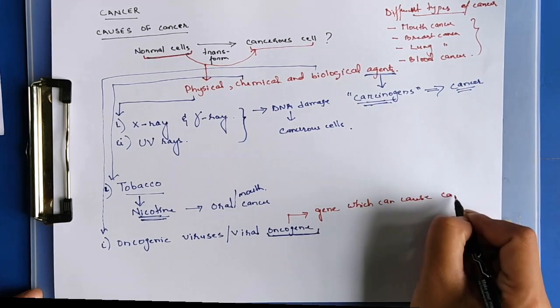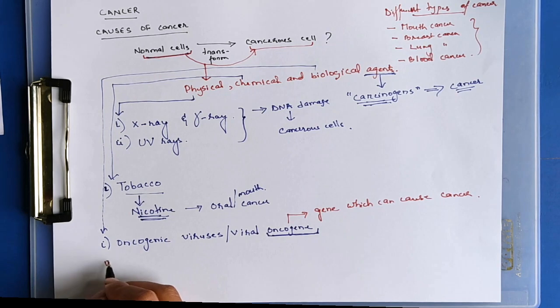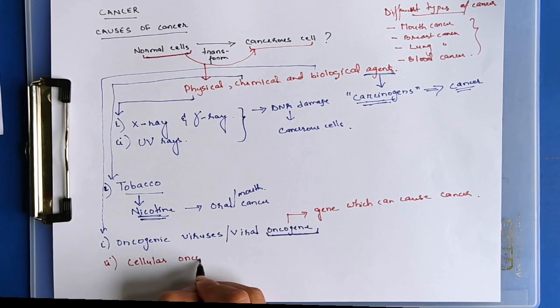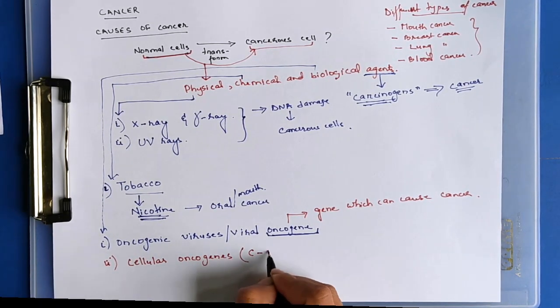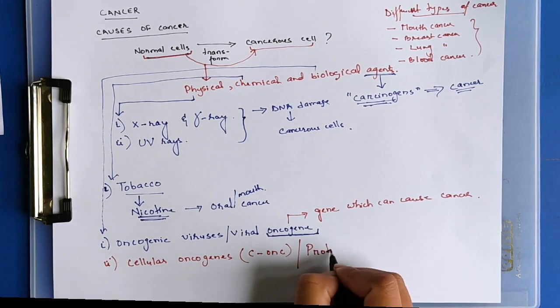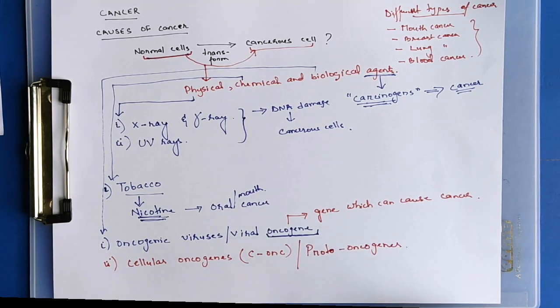The second is cellular oncogenes, which have other names like proto-oncogenes. They are genes found in the normal cells.